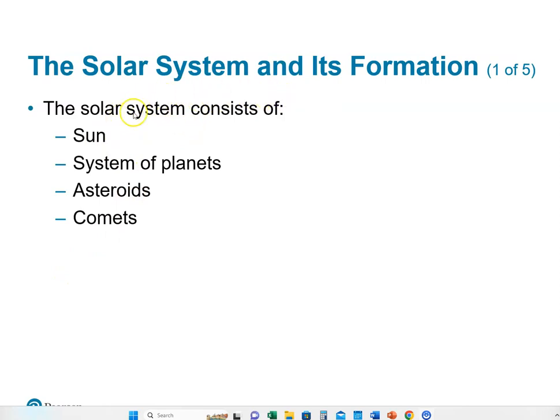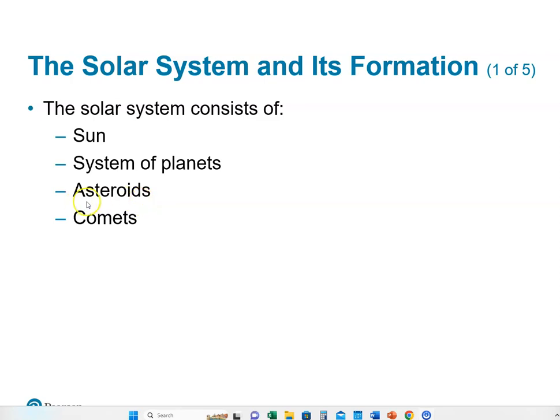All right. So our solar system consists of, thus far, these are things that we know about: our star, the sun, and then there's a system of 8 planets. There are other objects in the solar system, of course. Most of the asteroids exist between the orbit of Mars and Jupiter.